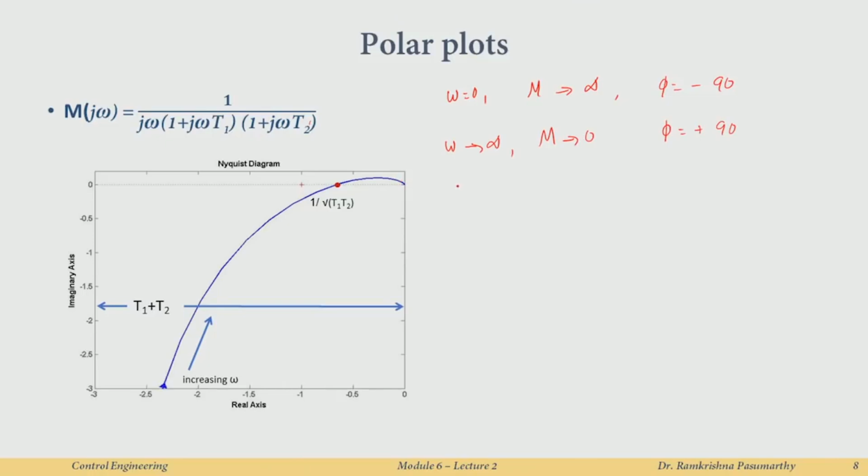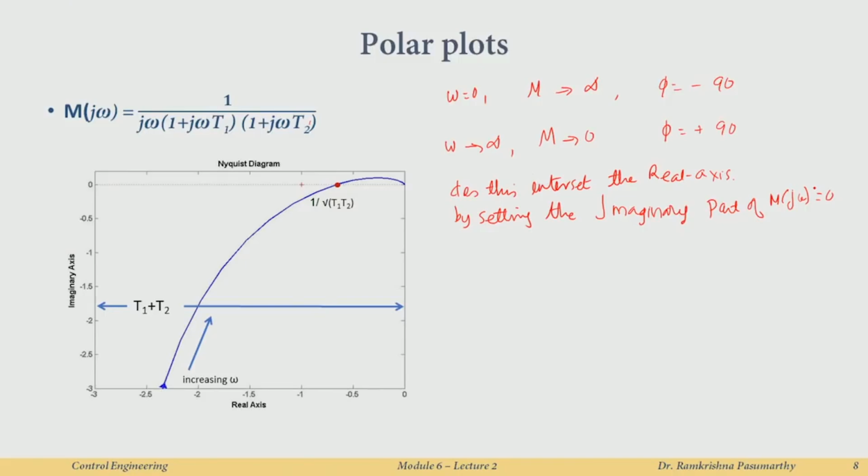I can also ask now, does this intersect the real axis? This can be obtained by setting the imaginary part of M of j omega to 0.